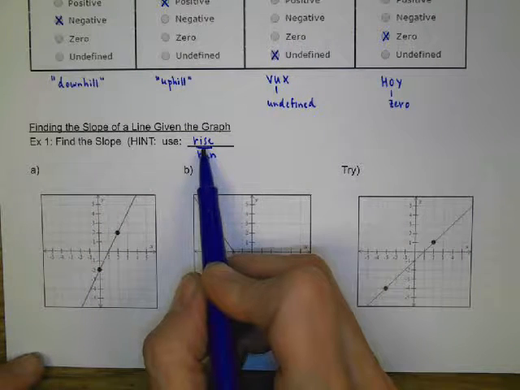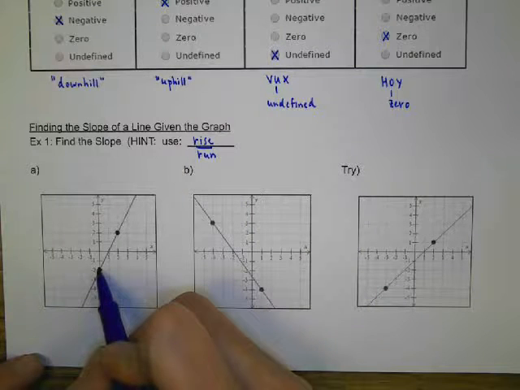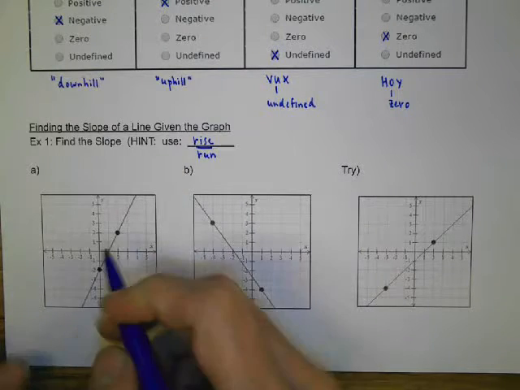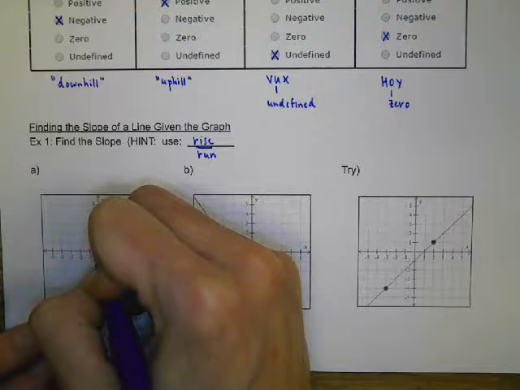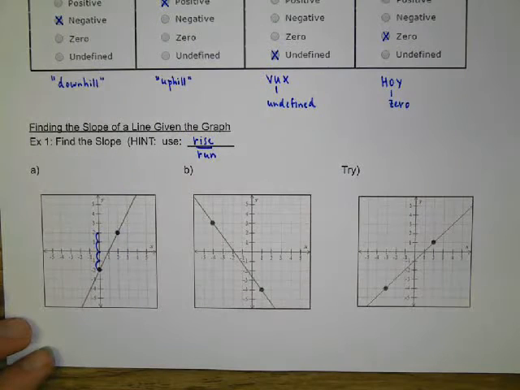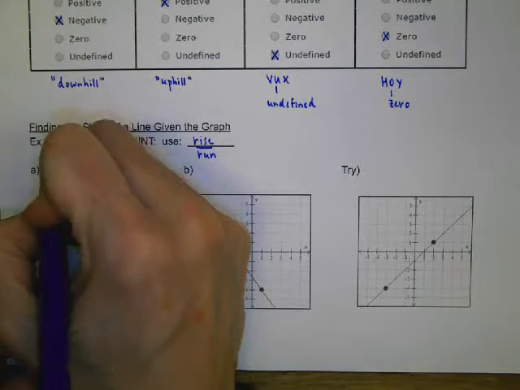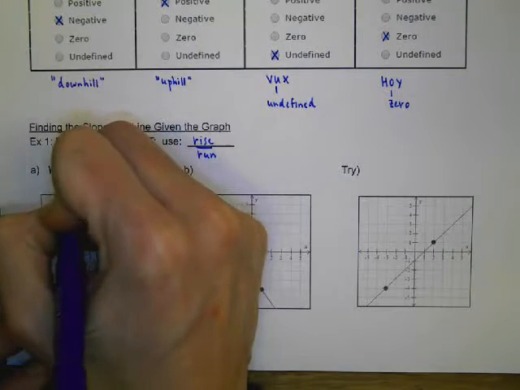And so I know the numerator, the top of my slope, is the rise. So how far up do I have to go to get from this point to this point? So going straight up, I'm going to count 1, 2, 3, 4. And then I'm at the same level as that. So I know my top, my rise, is 4.